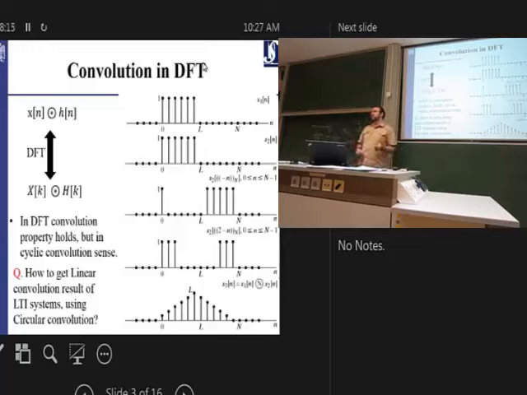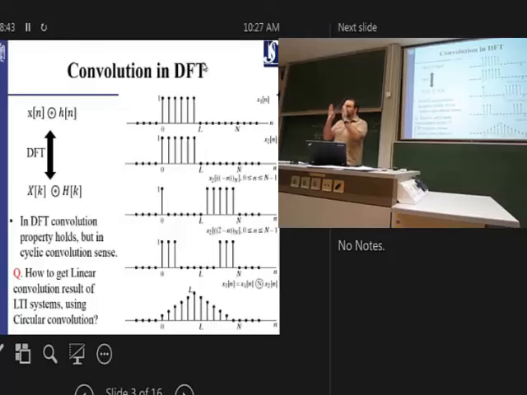What I mean by periodic is that you have a window from 0 to n minus 1, and the signal is periodic from both sides. So everything should be observed from that window, but we should take care about the periodicity of the signal or the filter that we see from that window.